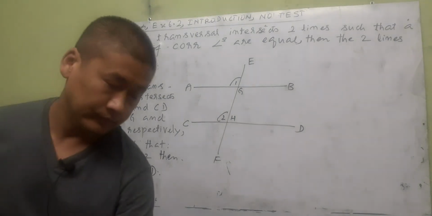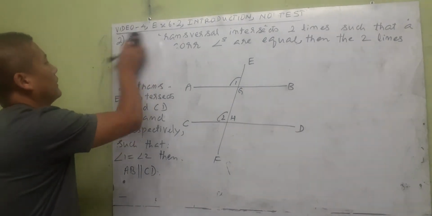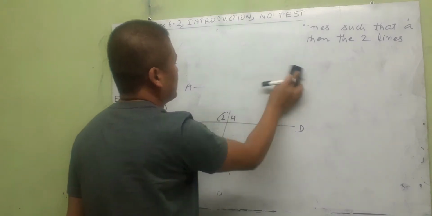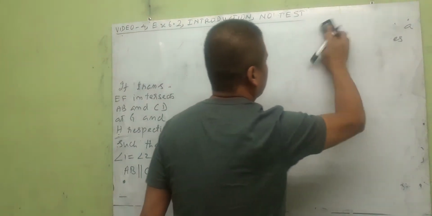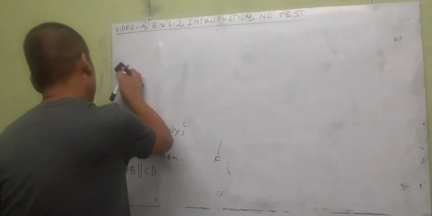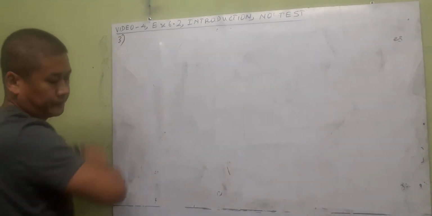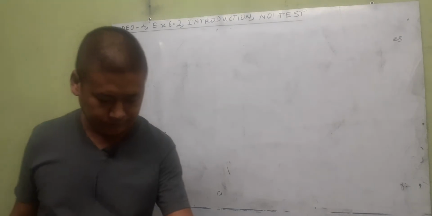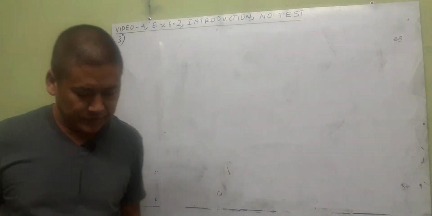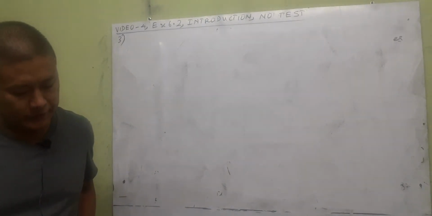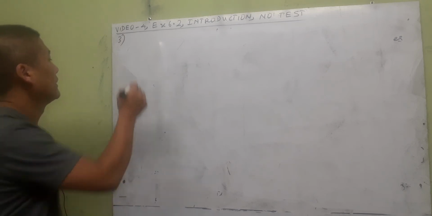Okay. Now let's go to the third one. Write it down. The third one is, if a transversal intersects two parallel lines, then each pair of alternate interior angles is equal.